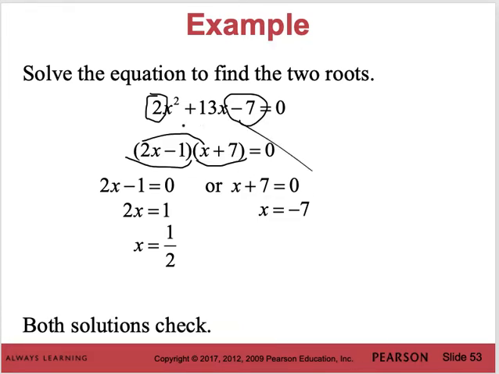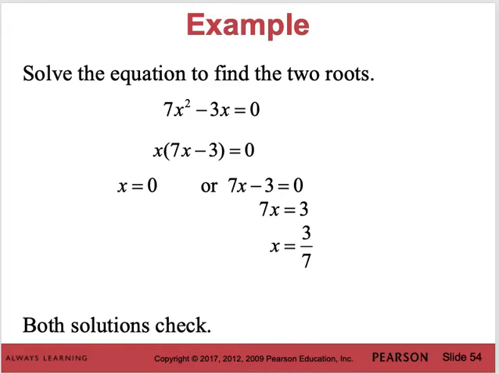And we can just double check that when we do our inside terms, it should equal 13. So that would be our outside, 7 times 2 is 14. And our inside, negative 1 times x is negative 1. And 14 minus 1 is 13. So that does work.